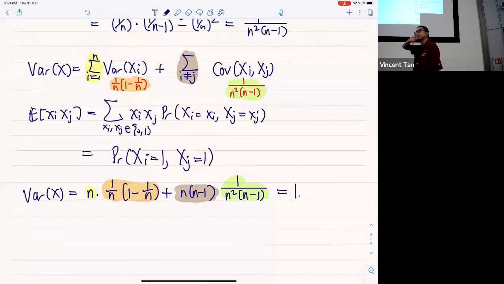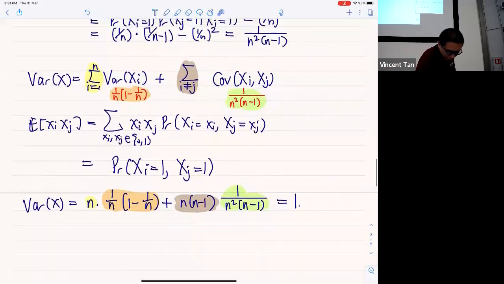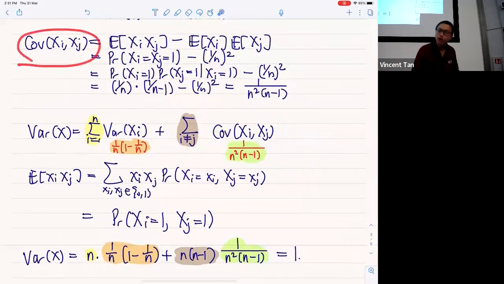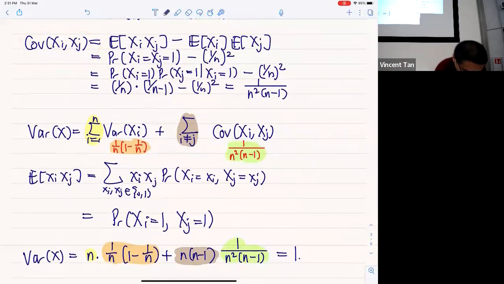Any other questions? Here we did it for n random variables, but I know what you're thinking. Here you see that we seem to only worry about the covariance of Xi, Xj when i is not equal to j. But by symmetry, everything is the same.